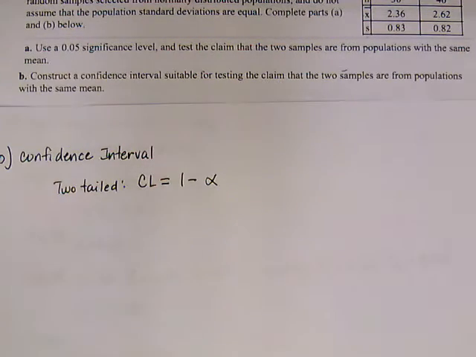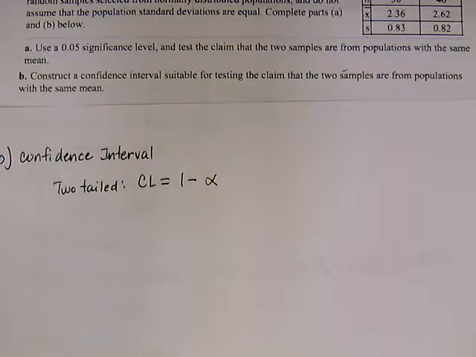Okay. In the last video, I told you when you have a two-tailed test, the confidence level is 1 minus the alpha level or level of significance. But for a one-tailed test, whether it's left-tailed or right-tailed, then your confidence level will be 1 minus 2 times the alpha level.